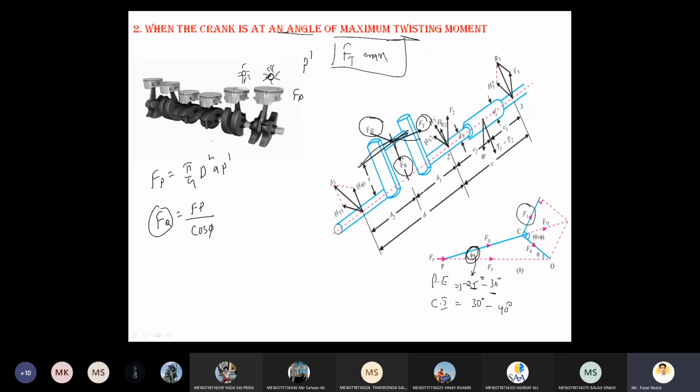Now, what are those components FT and FR?